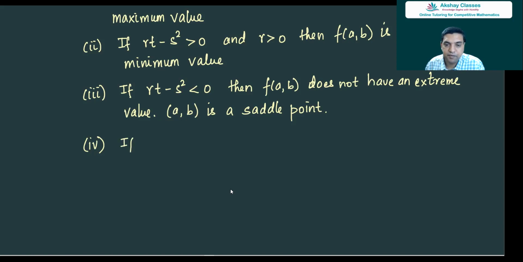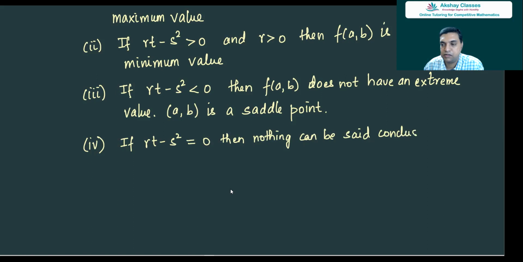So next, if rt minus s square is equal to 0, then nothing can be said conclusively, as it needs further investigation.